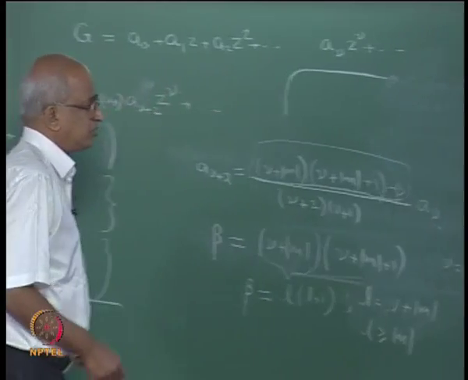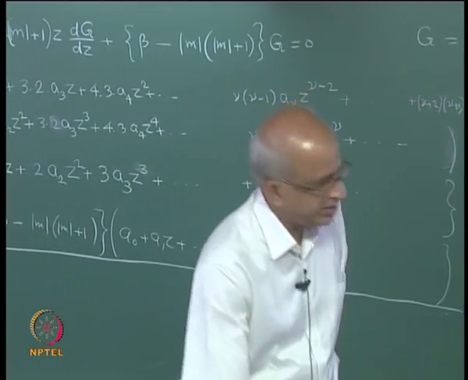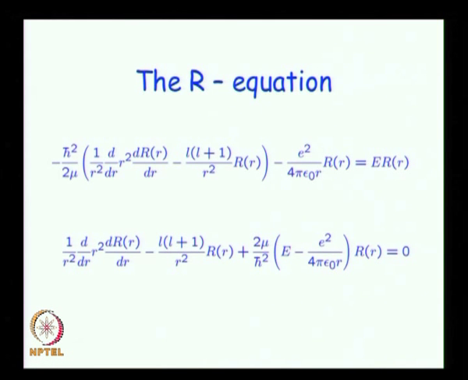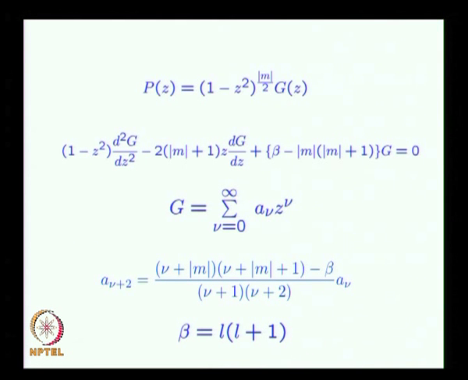And the next thing is, you see, this is already there in my slides. So, this is the recursion relationship which I had written, and then I say okay, beta is equal to L into L plus 1. But then if beta is equal to L into L plus 1, what will happen to my original differential equation?